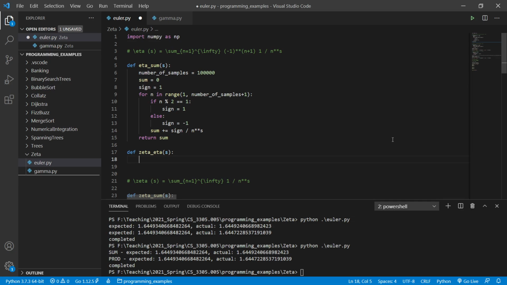We remember the relationship: zeta was equal to 1 divided by 1 minus 2 over 2 to the s, times eta of s.